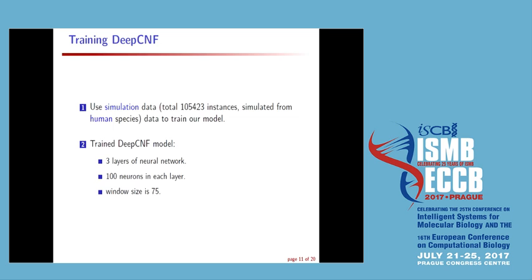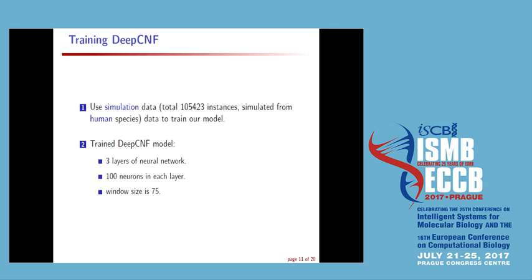To train a deep neural network, we need a lot of training data. To address that, we propose using simulations to train our model. In particular, we use many instances simulated from the human species.